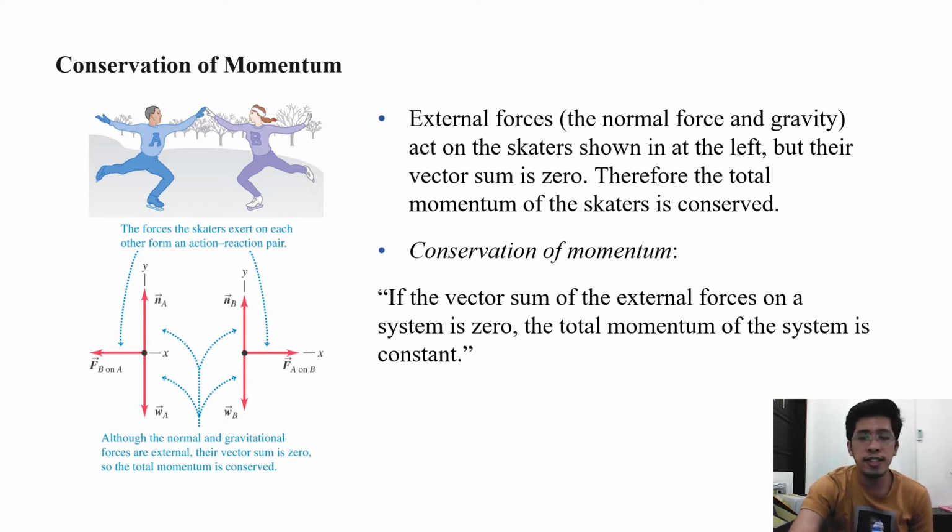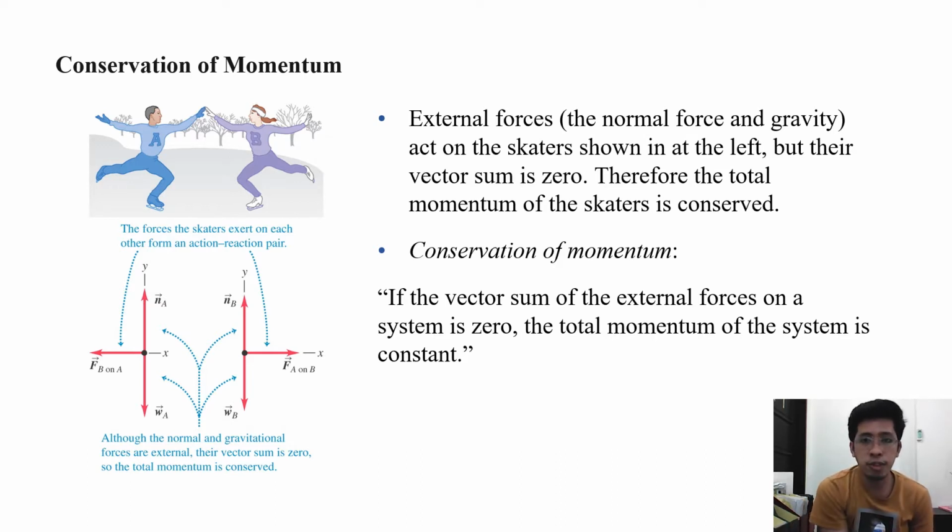Now in this case, we have other forces. You have the force due to gravity, or the weight of the skaters, which is downward, and the normal force, which is exerted by the surface on the skaters. So here we have external forces. This is different from the astronaut's situation, which we discussed in the previous video.